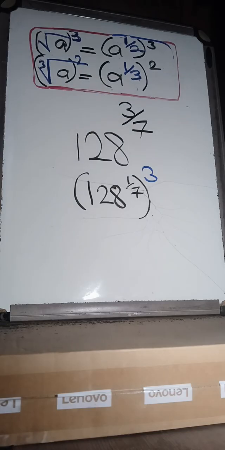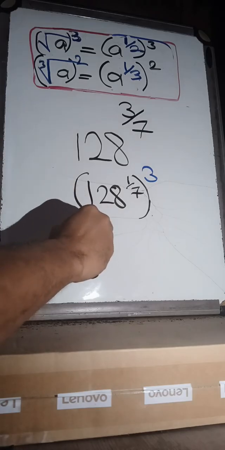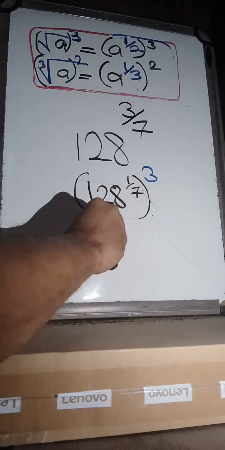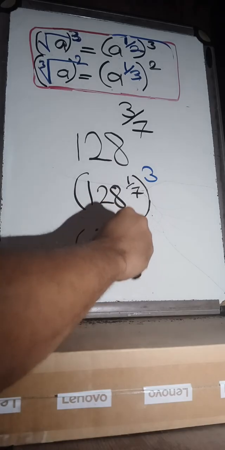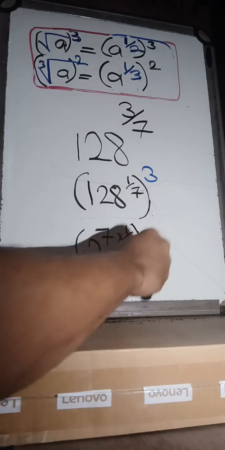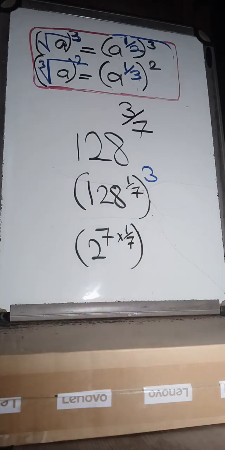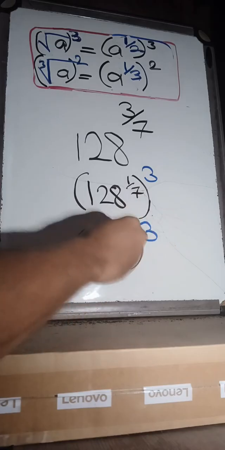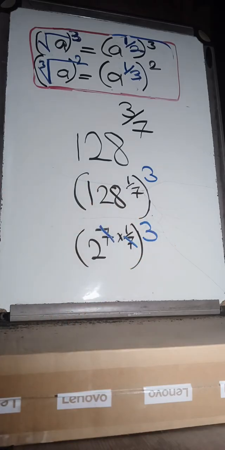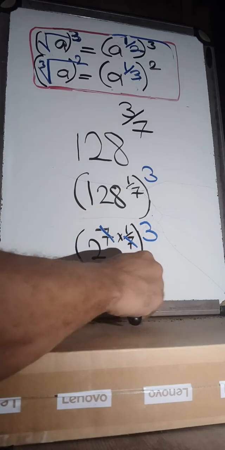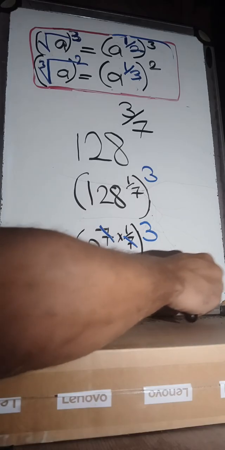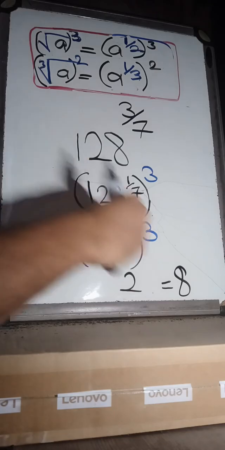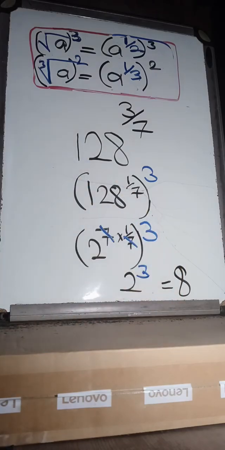Therefore, they know that this is going to be 2 raised to the 7, so that they cancel out. Obviously, the 3 doesn't change. So 1 times 3 is 3. 2 raised to the 3 now. So therefore your answer is 8.